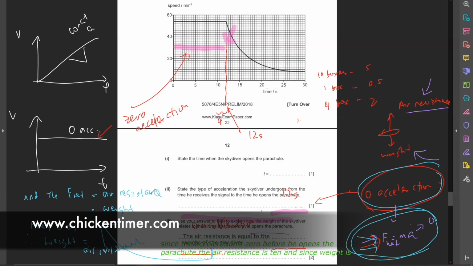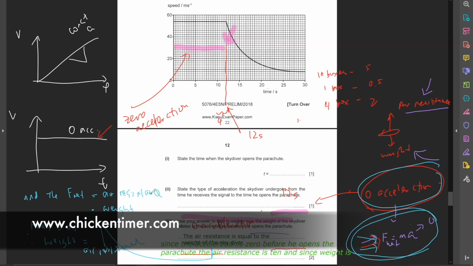No, the resultant force is mass times acceleration, but you told me in part 2 that acceleration is 0. So because acceleration is 0, the resultant force F equals ma will be 0. The resultant force is also air resistance minus weight, or weight minus air resistance.